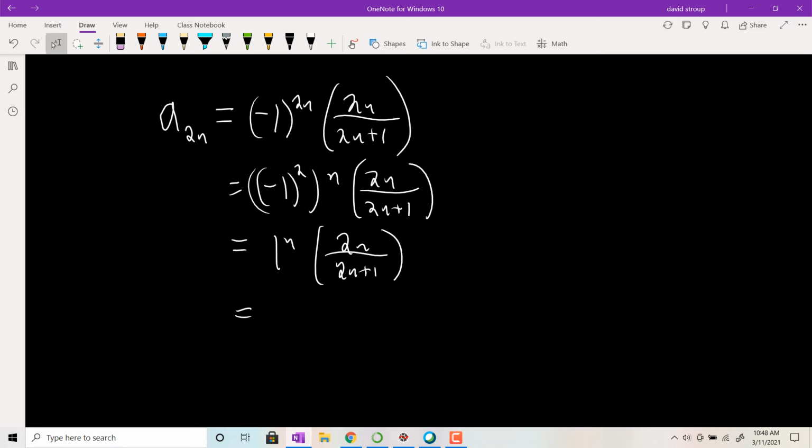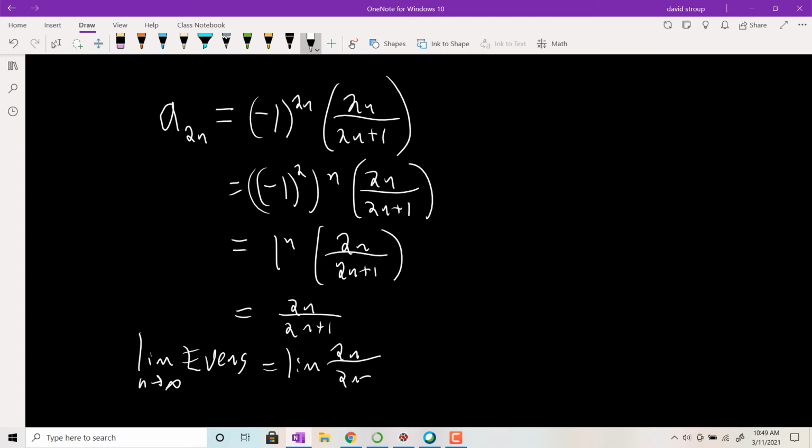So A sub 2n is just 2n all over 2n plus 1, and we could take the limit of that, right? We know how to do the limit of that character. So the limit of the evens, as n goes to infinity, will be the limit of 2n all over 2n plus 1, as n goes to infinity.